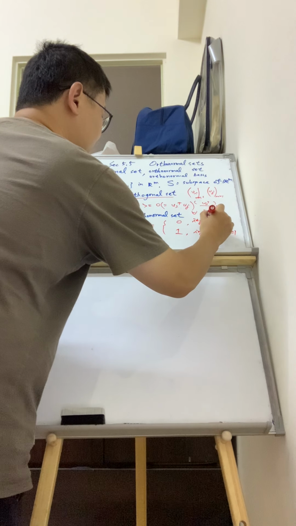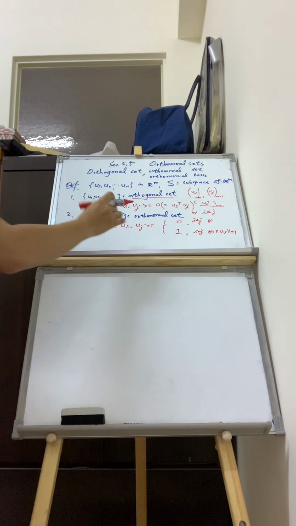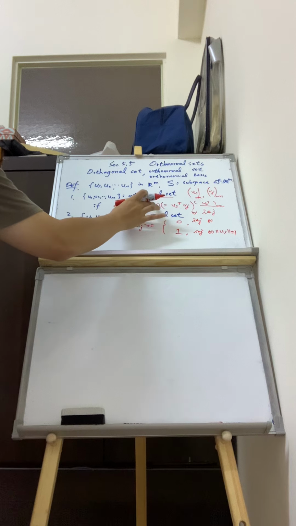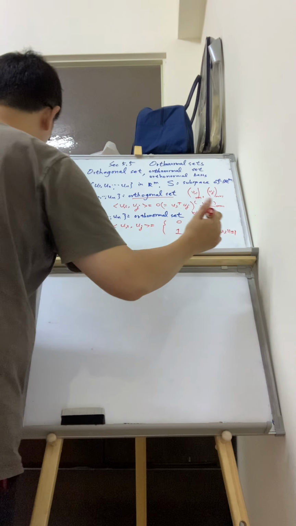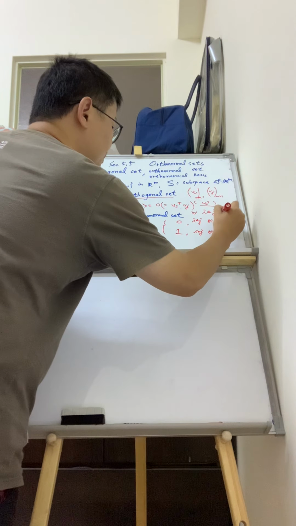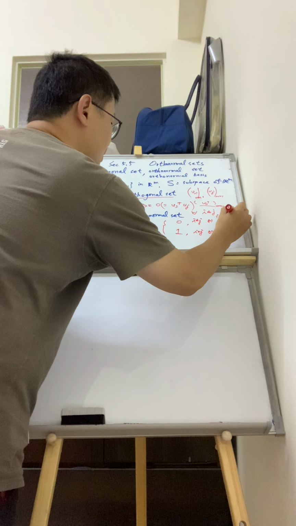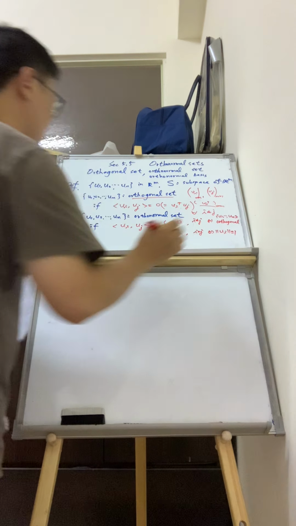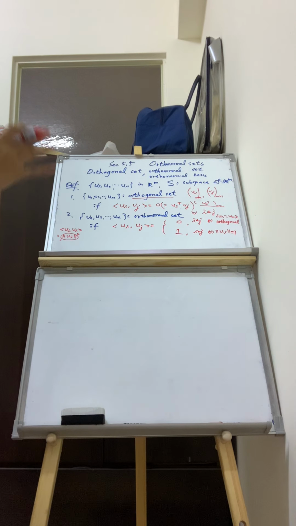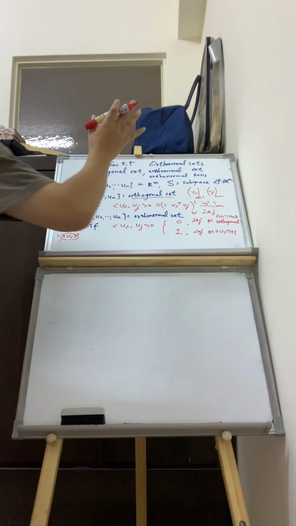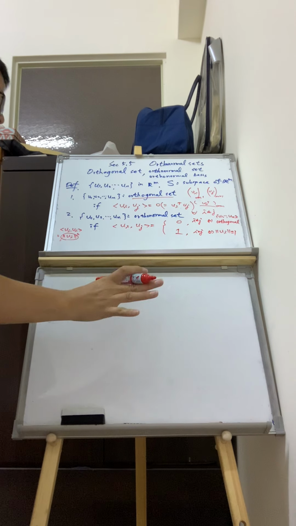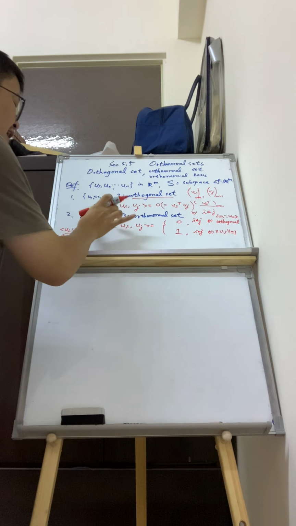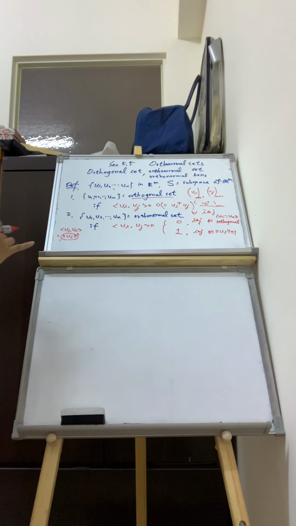And if i is not equal to j, the inner product equals 0, which means it's an orthogonal set. It means that u1 until un are orthogonal, and all of them have length 1.